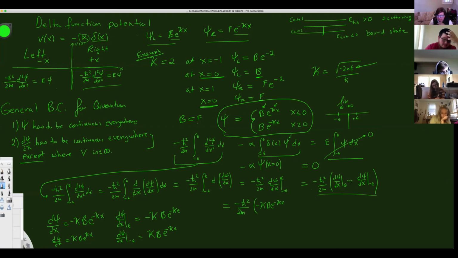Then minus this one, so we get another minus sign: minus kappa b e to the minus kappa epsilon. Let's conglomerate all that. We get 2 of these terms, so that cancels the 2, and the minus signs cancel. So we get h bar squared over m kappa b e to the minus kappa epsilon.